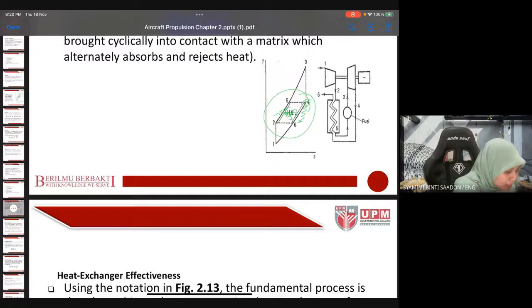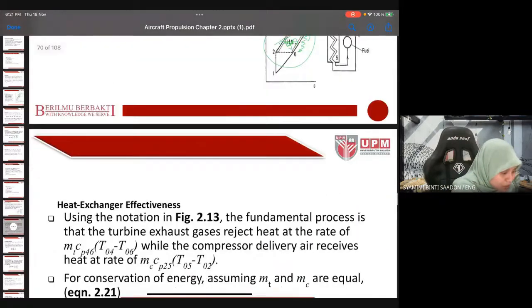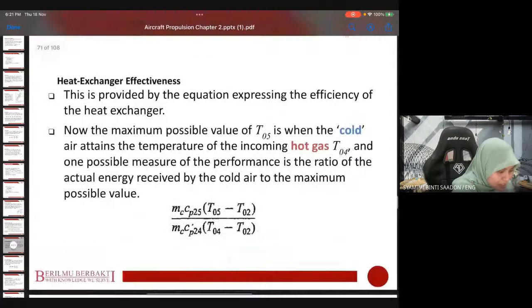And T06 is the temperature exiting the regenerator from the hot side. Normally those values are unknown, so that's why we need a second equation to solve it. This is provided by the equation expressing the efficiency of the heat exchanger.